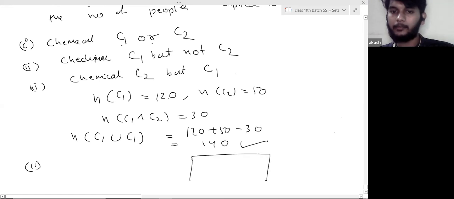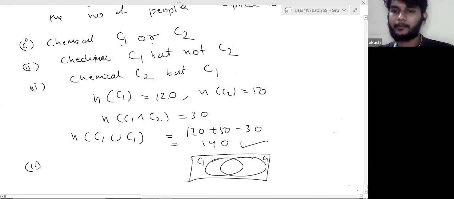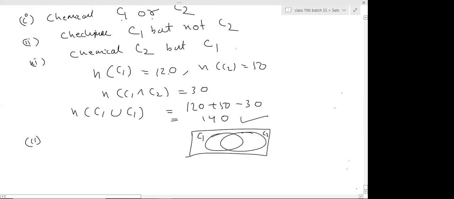See, using a Venn diagram, think about this. People exposed to only C1 are 120 minus 30, so it'll be 90.